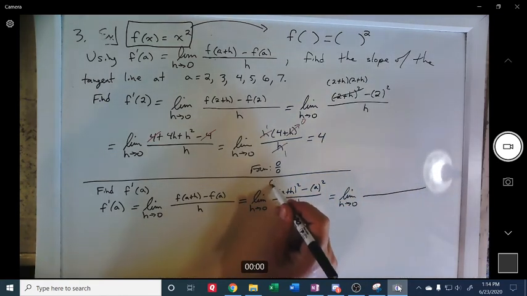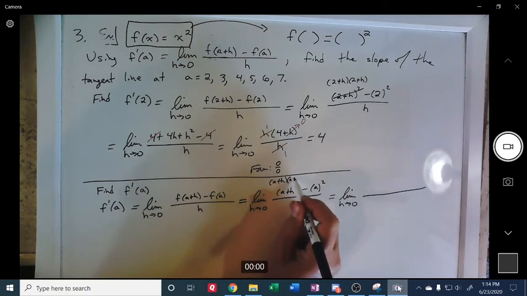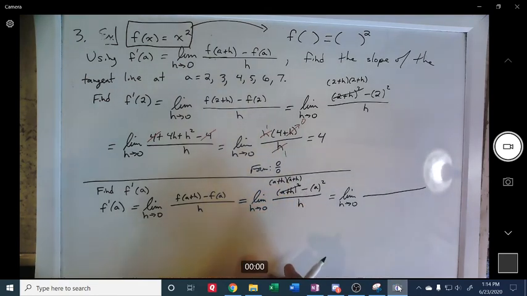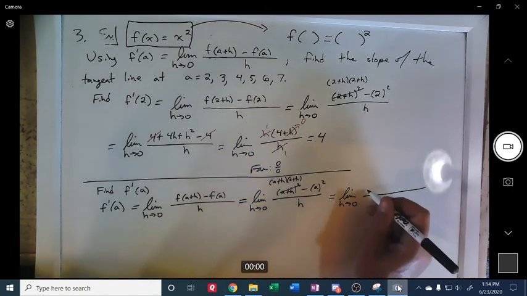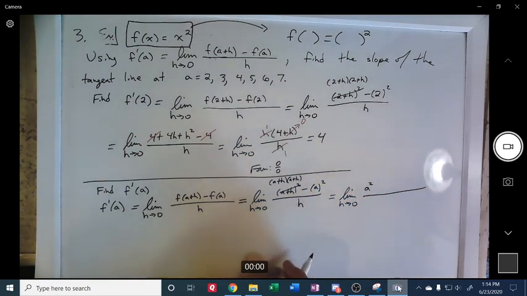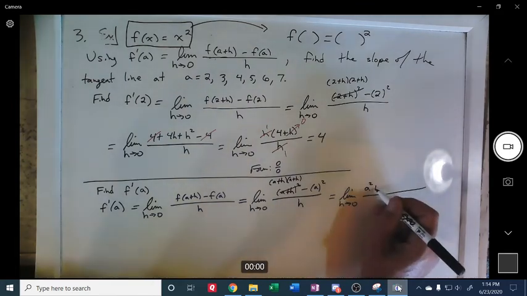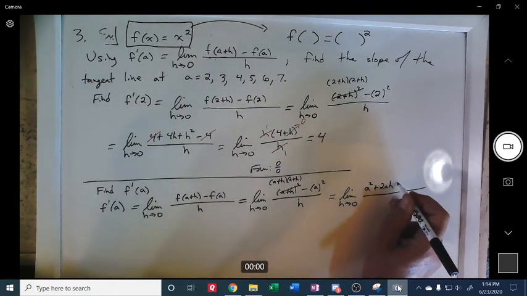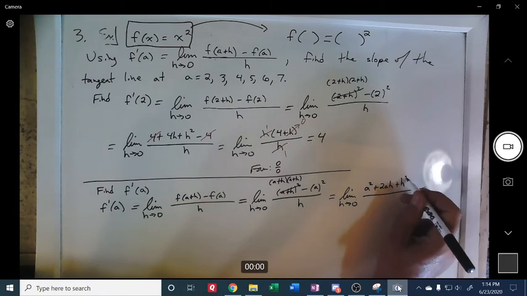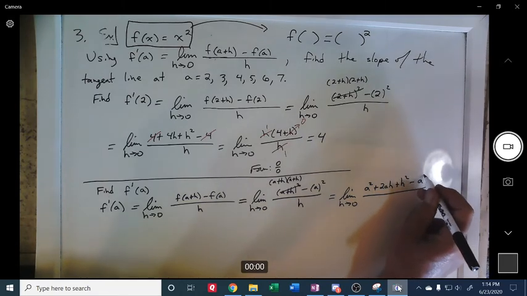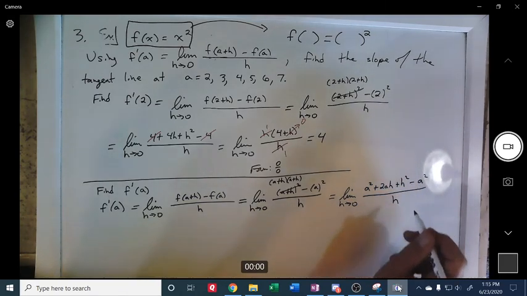When I do this, I FOIL that out, I get a squared. The 2 middle terms are ah plus another ah, plus 2ah plus h squared, minus a squared over h.